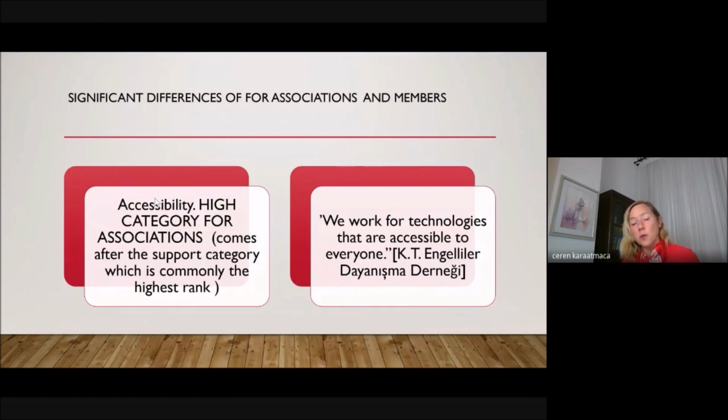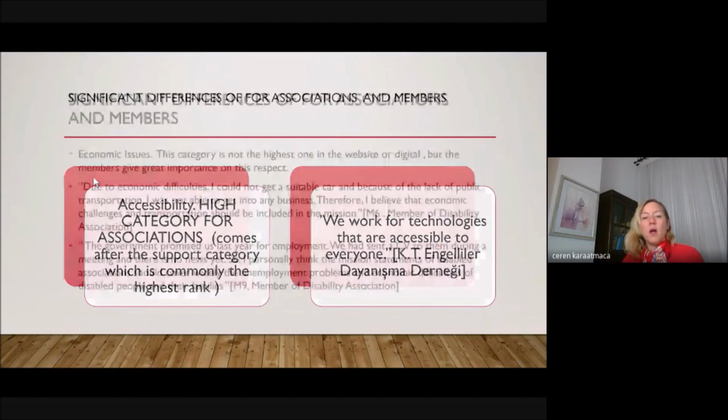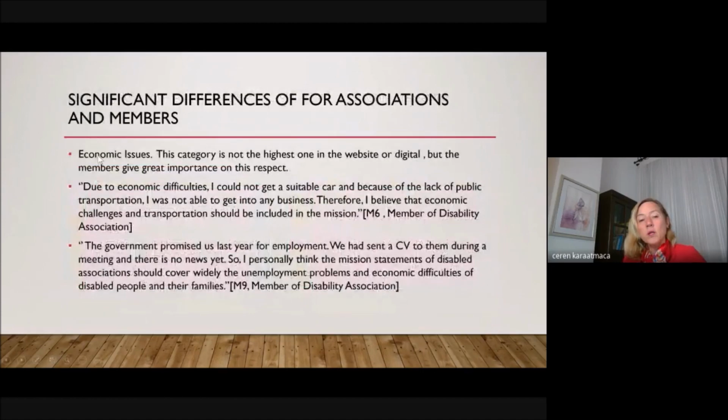We work for the technologies that are accessible to everyone. And when we look into detail at the significant differences for associations and members, we also come to the economic issues. And this category is not the highest one in the associations, but the highest in the members part.